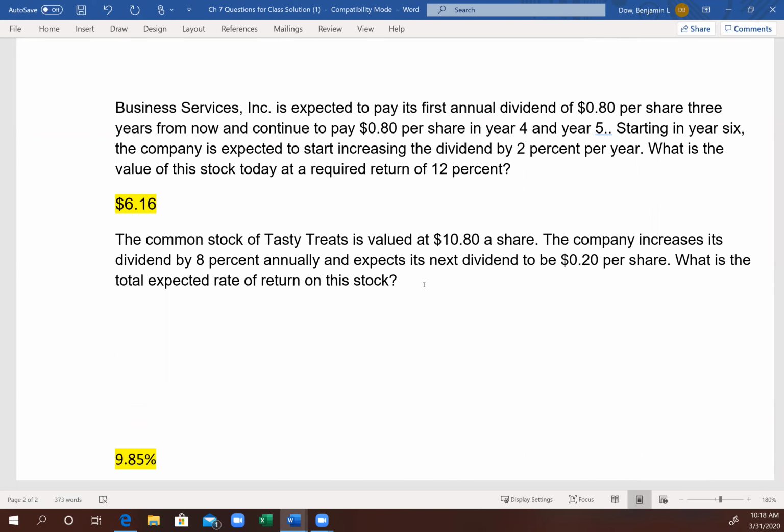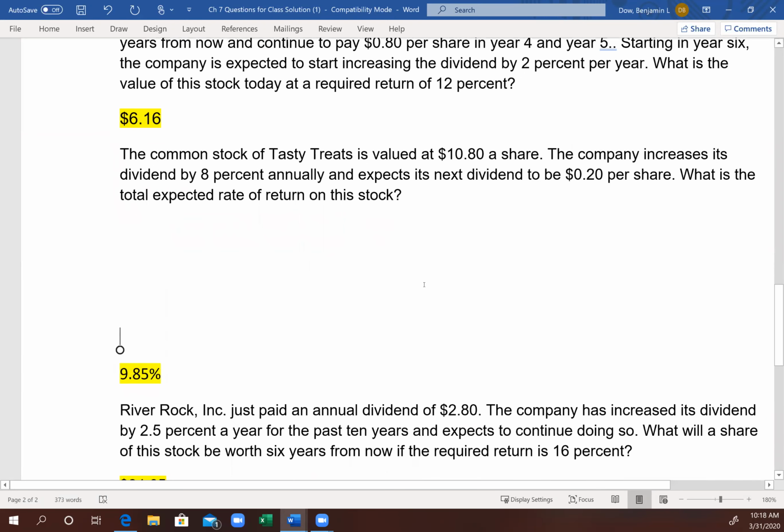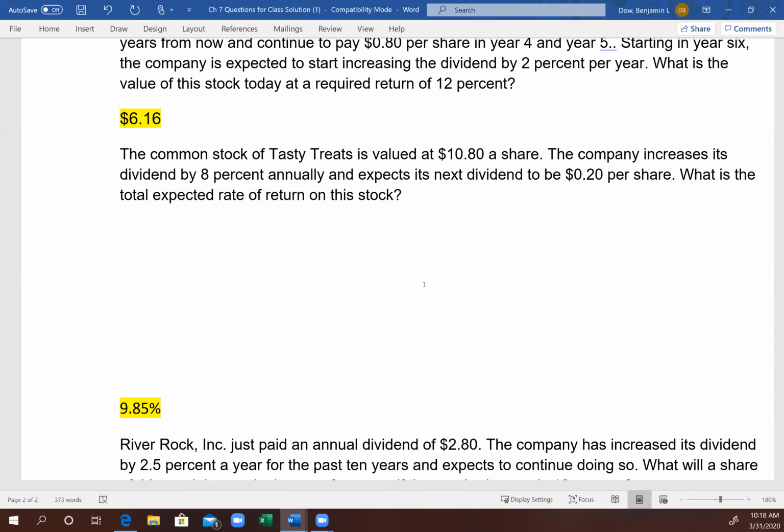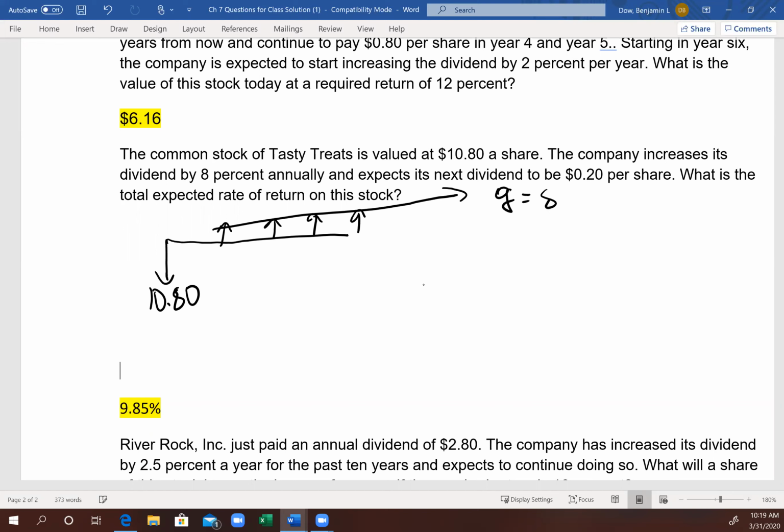Let's go down here and look at this Tasty Treats. Common stock of Tasty Treats is valued at $10.80 a share. The company increases its dividend at 8% annually. So growth is constant at 8%. The next dividend is expected to be 20 cents per share.